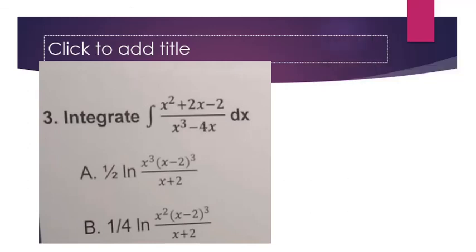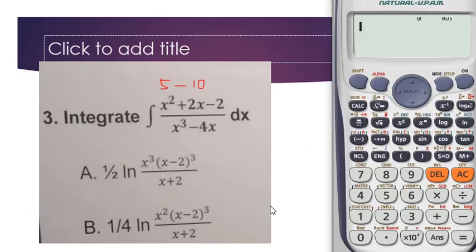Whenever you want to choose limits for any integral that doesn't have limits, I would advise you to choose a reasonable figure, or a reasonable range. So let's say you choose from maybe 5 to 10. So 10 will be your highest and 5 will be your lowest. Let's see how we go by solving this integral.